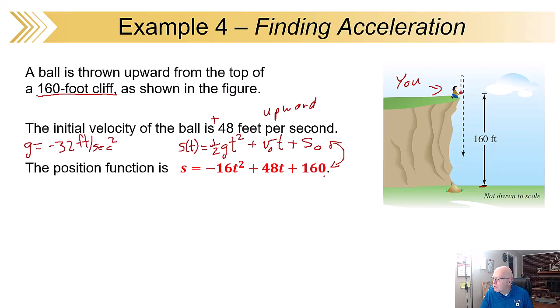You threw it from here, it went upward for a while, and of course you know what gravity does, pulls it back down. So there's your position function and what the pieces represent. Acceleration is in here, the initial velocity is here, and the initial position is here.